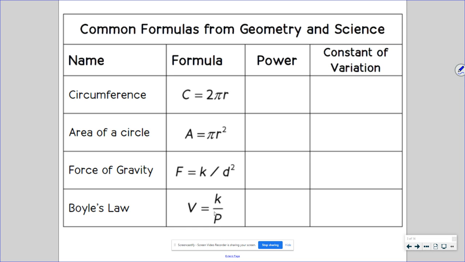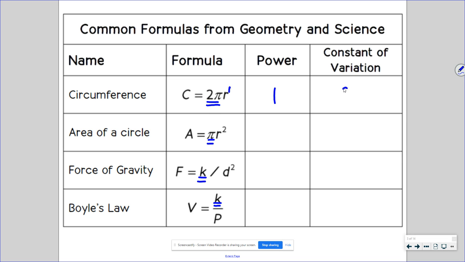So these are all power functions. They all do have a constant of variation, and they all have a variable that contains an exponent. So if I ask for the power of this first power function, you would just tell me the exponent tied to your variable. So in that case, it's just 1.